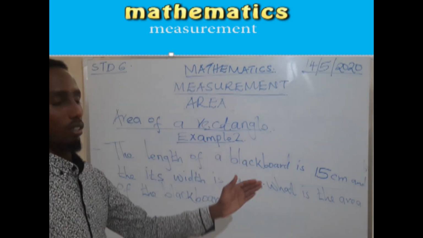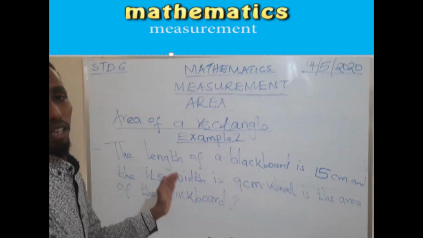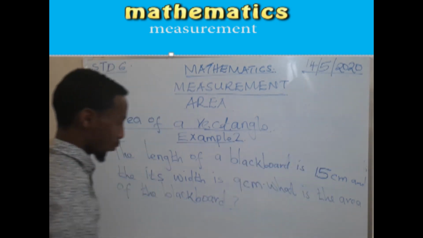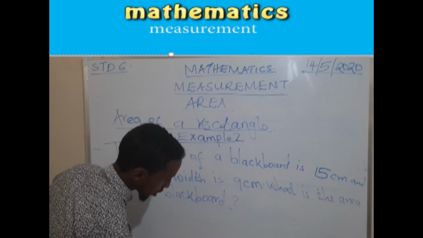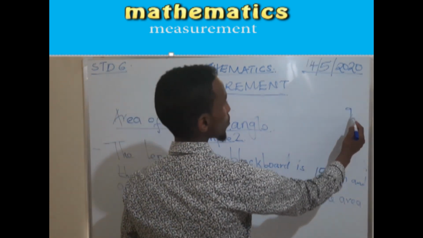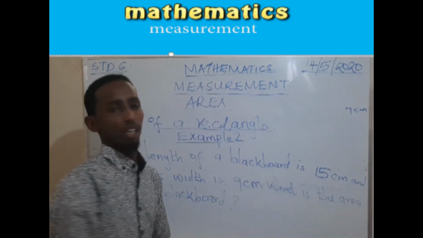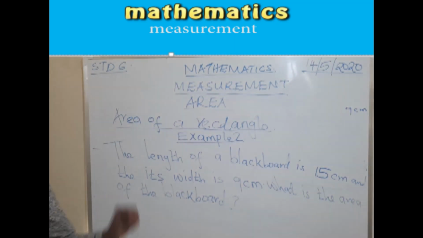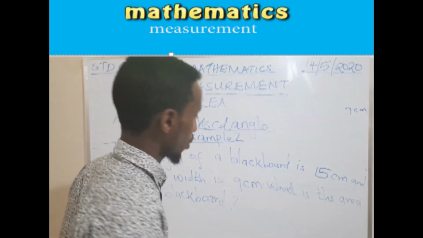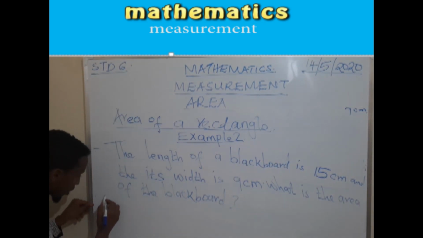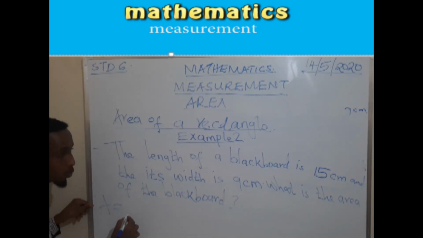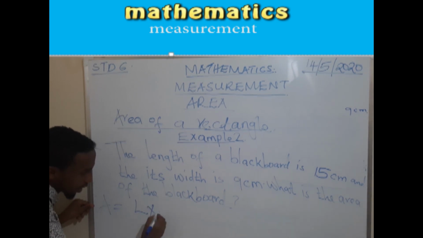Now let us assume that we are looking for the area of our blackboard here, whereby the length of this blackboard is 15 centimeters and the width of this blackboard is 9 centimeters. Now remember the formula of getting the area of a rectangle. We said the area of a rectangle is equals to length times what?